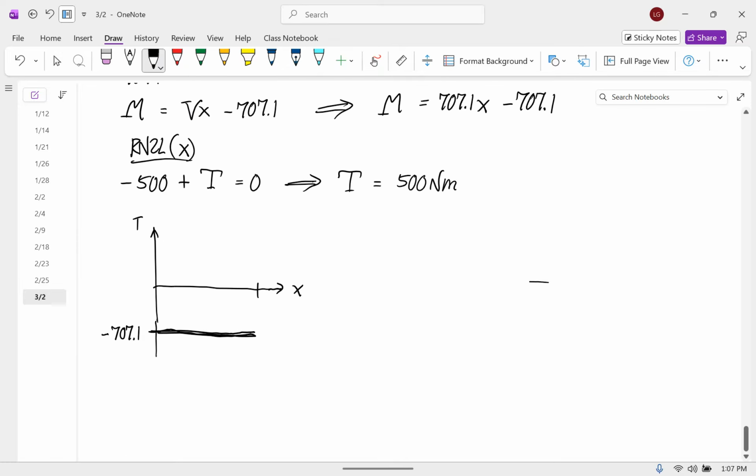The shear force is just positive 707.1 the whole way.